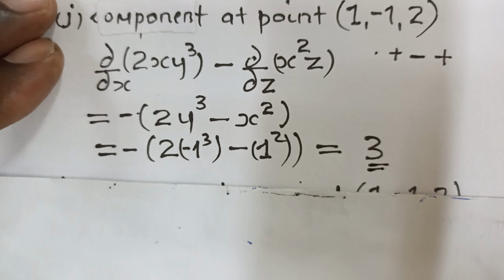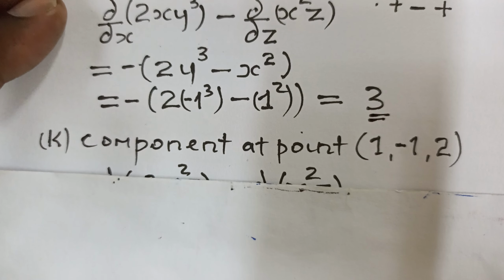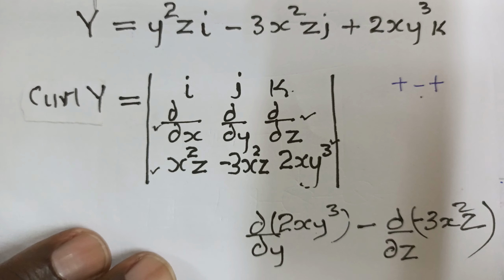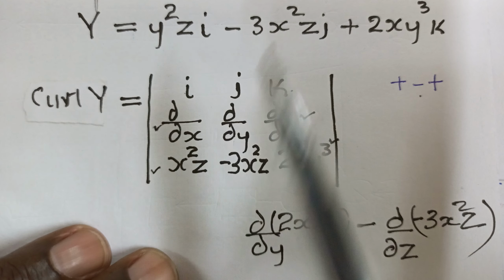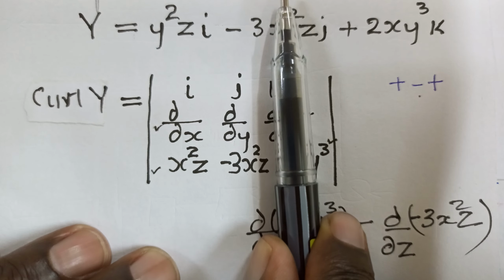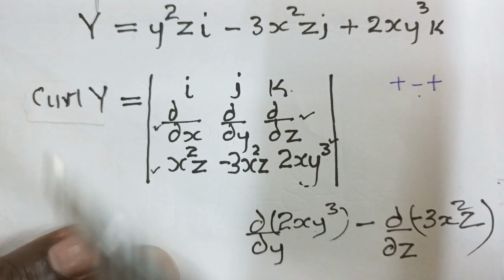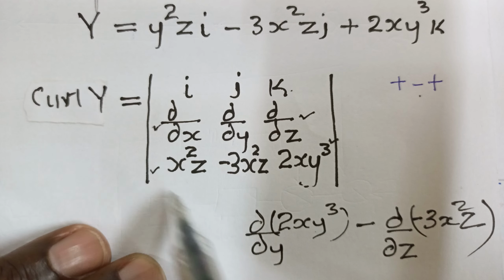Going now to the last, that is for the k component. For the k component, guys, we come to this. We now cover that column, and we cover that row. So that, guys, we are left with only this.